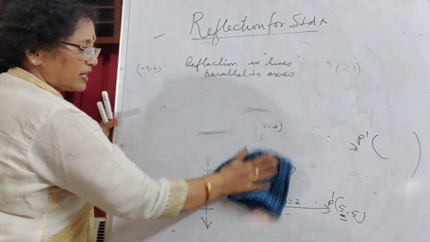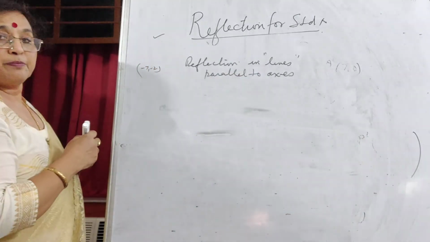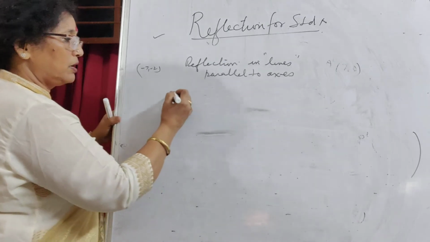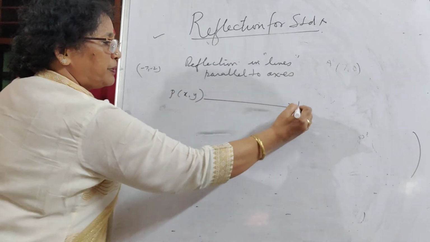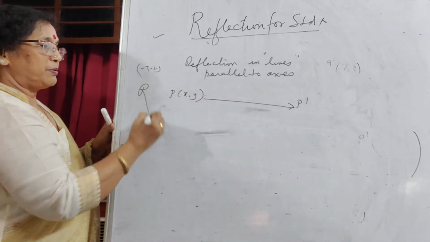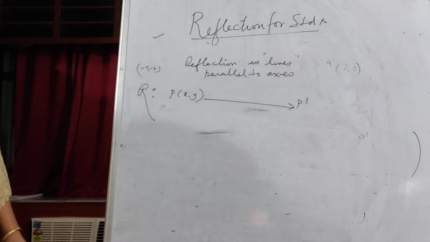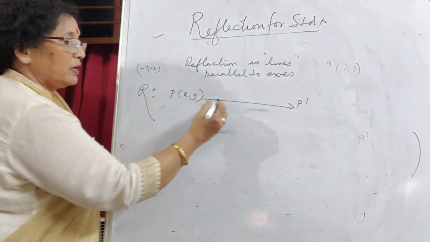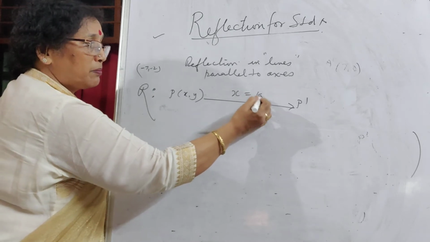Now the formula. So write down the formulas for this. Reflection in lines parallel to the y-axis. So write down P of x comma y is P dash. We are doing the chapter reflection. R stands for reflection. In the line x equals k, after you made x the subject of the formula, you got a number.